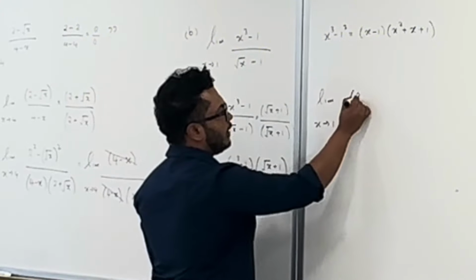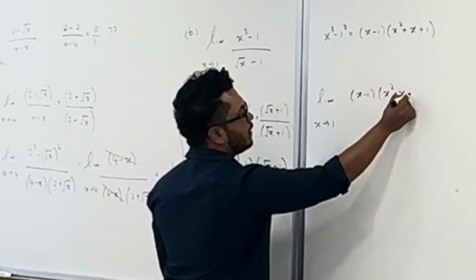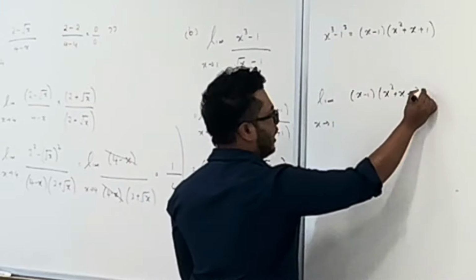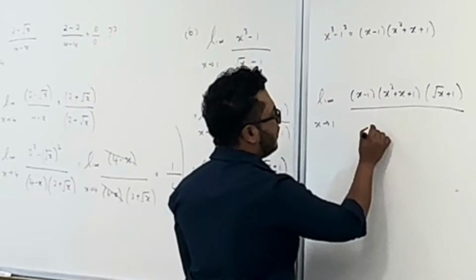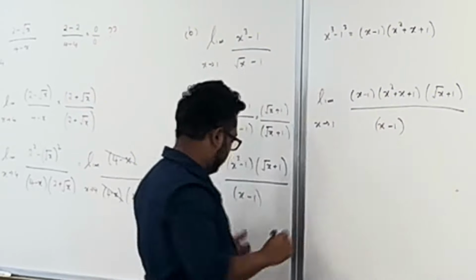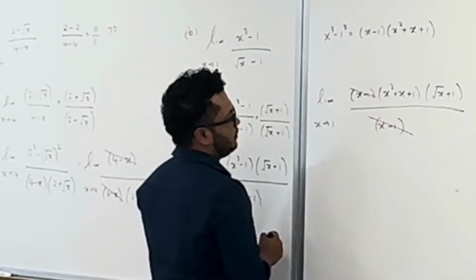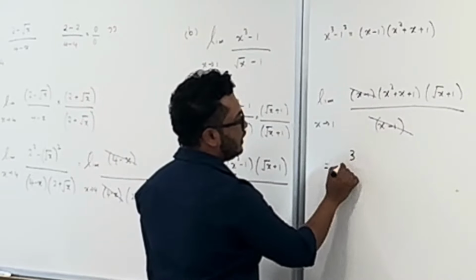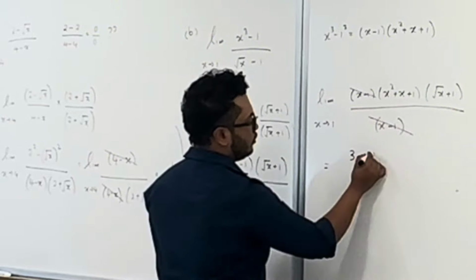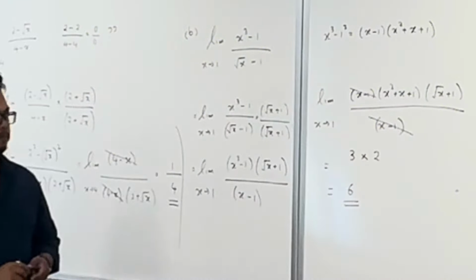I can write x minus 1, x to the power 2 plus x plus 1. And I have square root of x plus 1 also. Divide by x minus 1. Here. So x minus 1 cancel out. Now I can plug 1 to this, which gives you 3 times 2. 6. That's the limit. Okay.